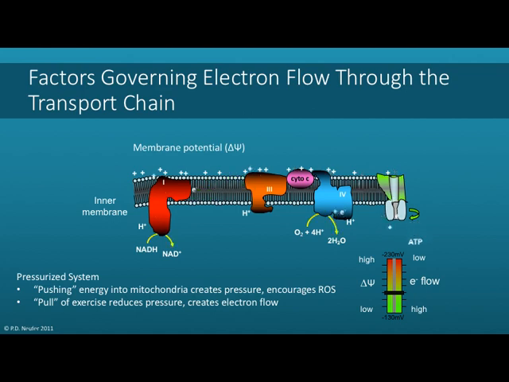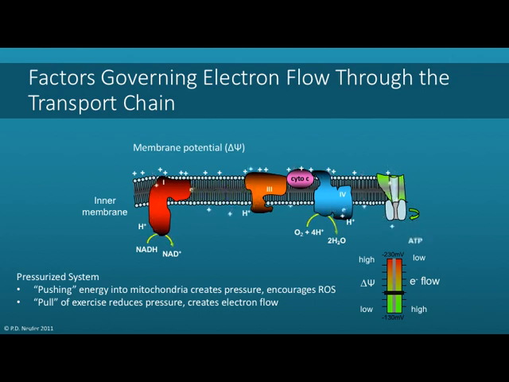Go ahead. Does the type of energy that's pushed in, the source of the energy, make a difference? Good question. And the answer is no. What we're missing here is complex 2, because it's not a transmembrane protein that accepts FADH2.